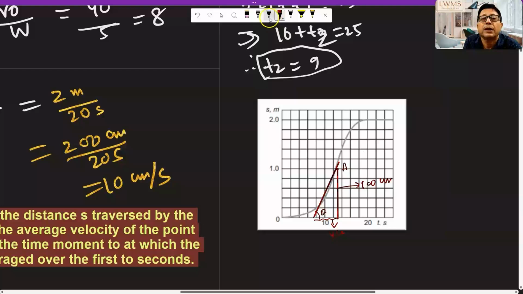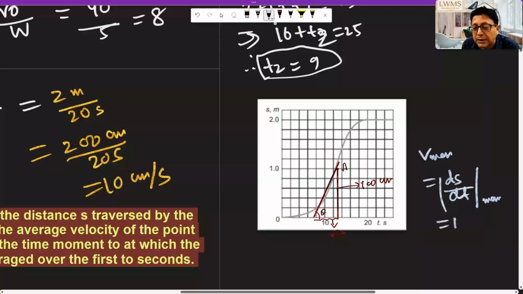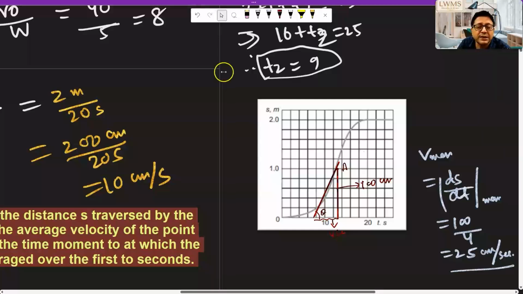So here V max equals (ds by dt) max, which is 100 by 4. This is 25 centimeter per second. Clear? This is the answer, 25 centimeter per second.